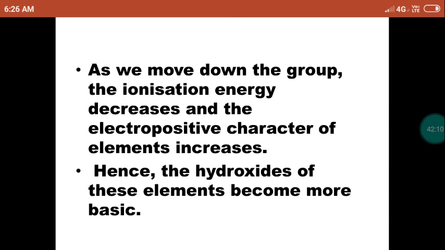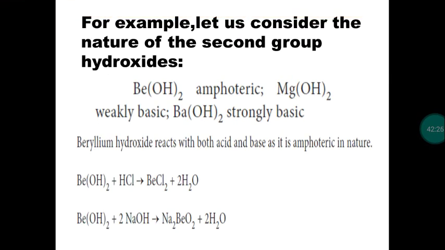So when we move from top to bottom, ionization potential decreases. That means electropositivity, electron losing tendency, increases. So what is the variation in the basic nature of hydroxides? Consider second group elements: beryllium, magnesium, calcium, strontium, barium, radium.